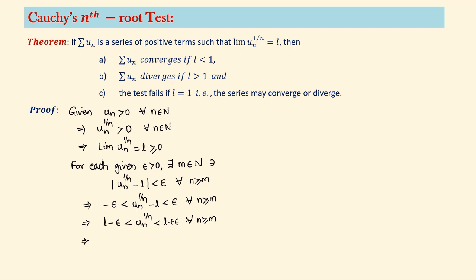So that implies, here we have un power 1 by n; taking the whole to the power n, that is 1 by n multiplied with the power n, we will get L minus epsilon power n less than un less than L plus epsilon power n for all n greater than or equal to m.